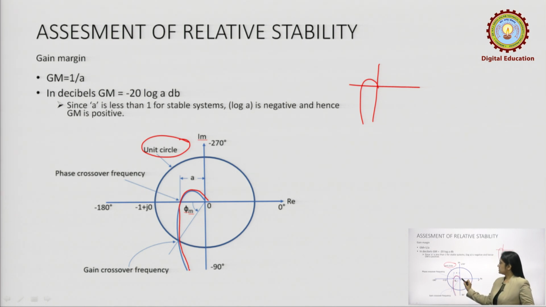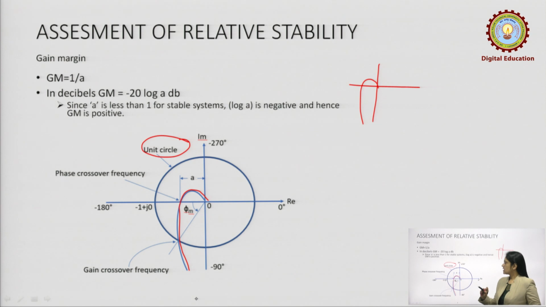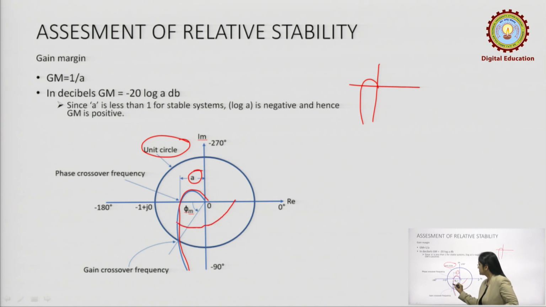Now, we can see that this polar plot intersects the negative real axis here, and the magnitude of the polar plot at phase angle equal to minus 180 degrees, as written, is A. This is the phase angle measured from the positive real axis.